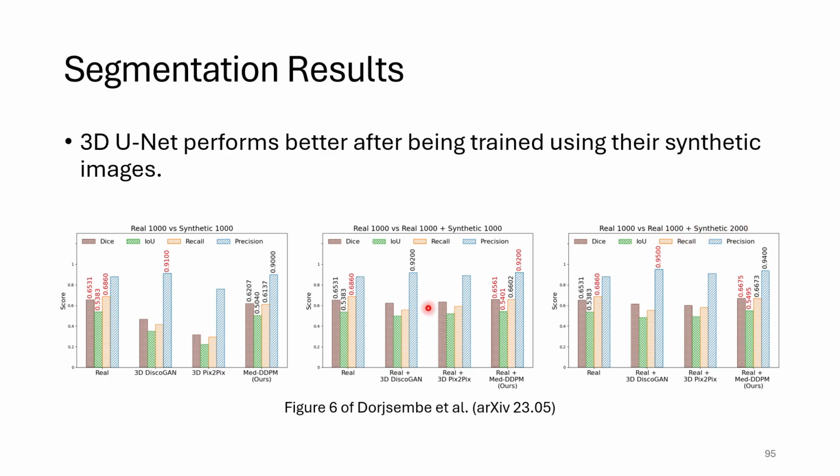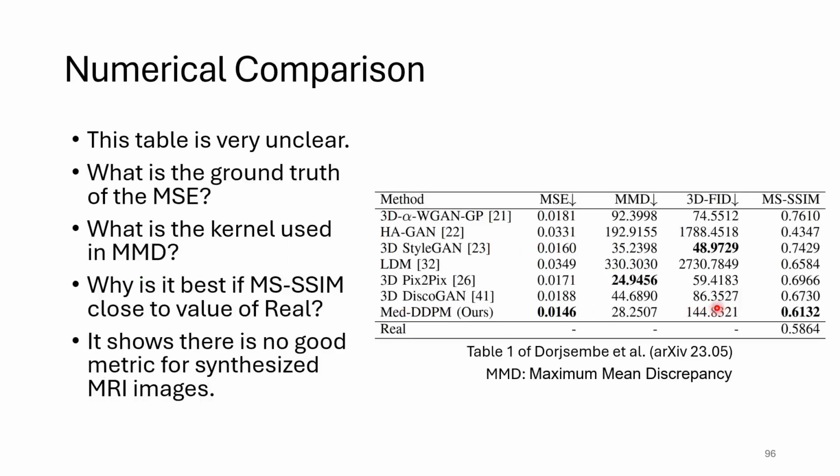Then compared with this, the red numbers mean the best result. So with 2,000 synthesized images, the trained 3D UNet generated the best result. So this is what they claim. Okay, here they show some numerical comparison.